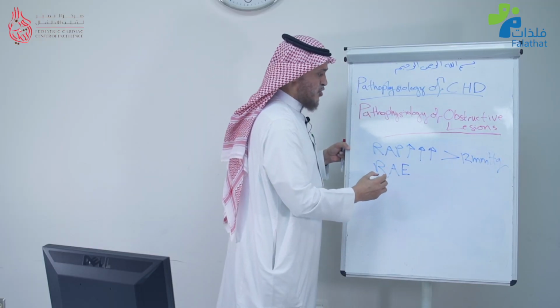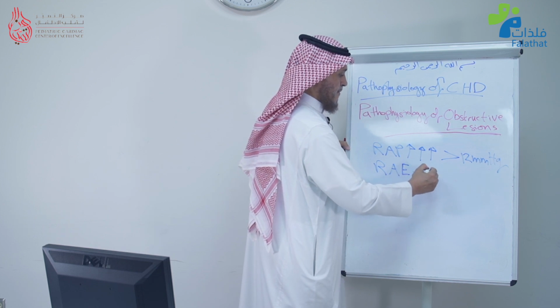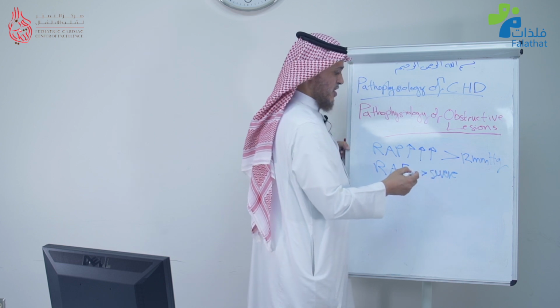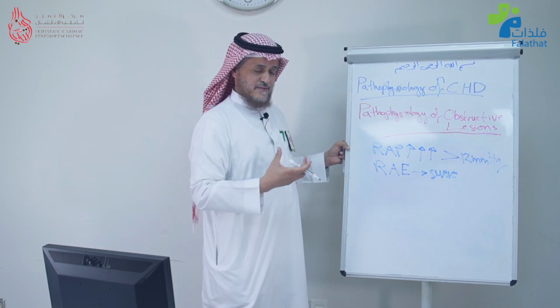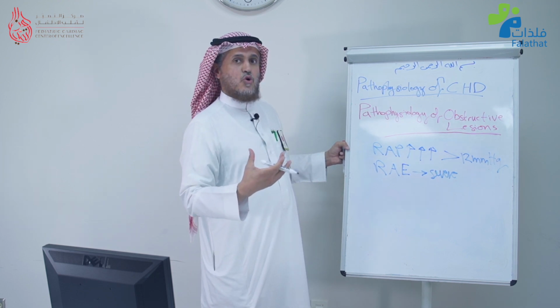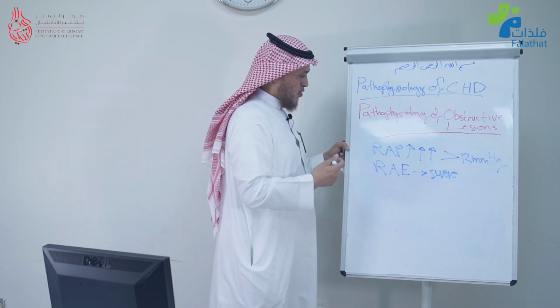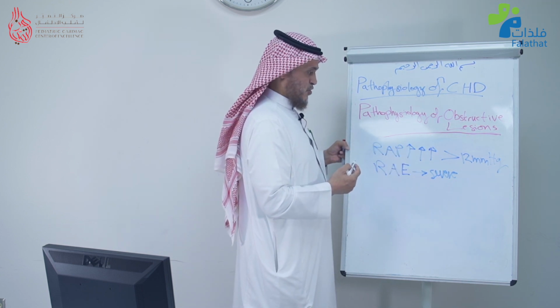Right atrial enlargement will be severe, and that can be judged by echocardiography, measuring it, seeing the size, and relating that to normal size in normal age, and correlating that with mild or moderate or severe enlargement.